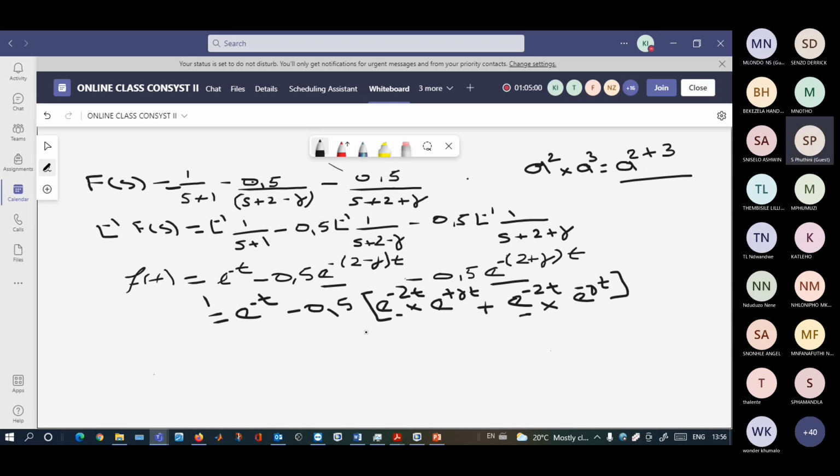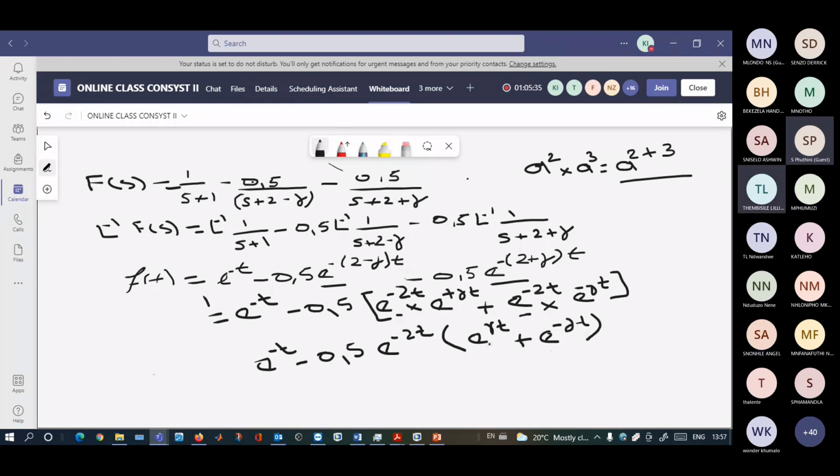We can also put it under the bracket, right? So I have e minus t minus 0.5 times this one, times e exponent negative 2t. So we open the bracket. We're gonna have now e positive jt plus e minus jt.